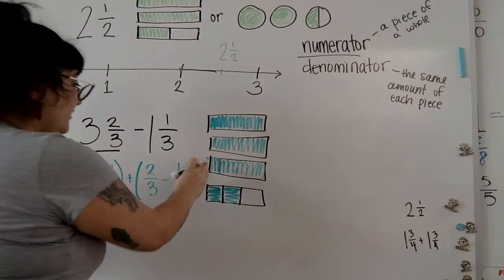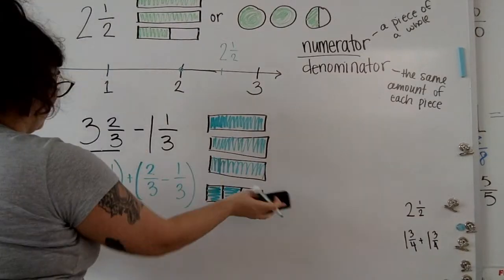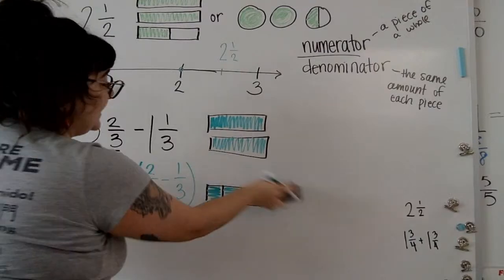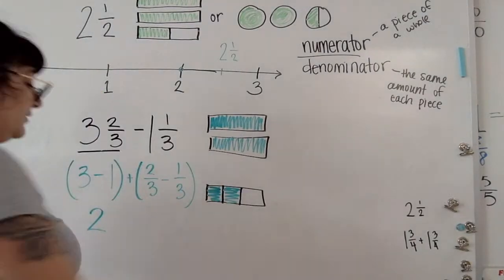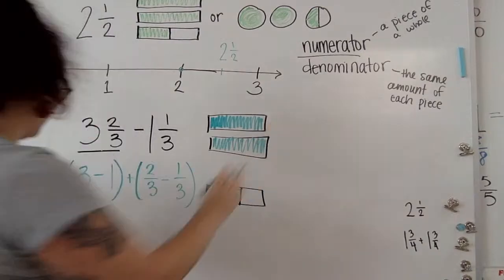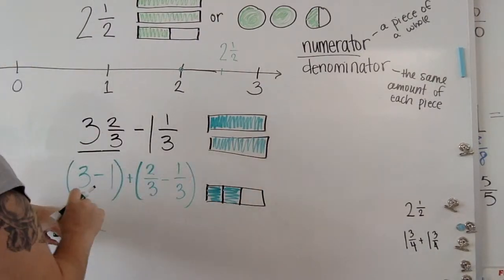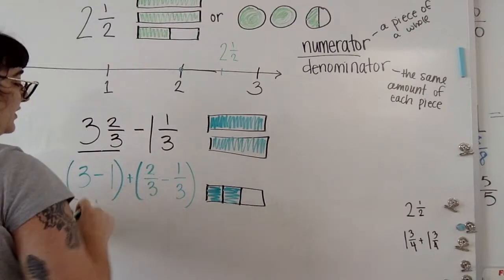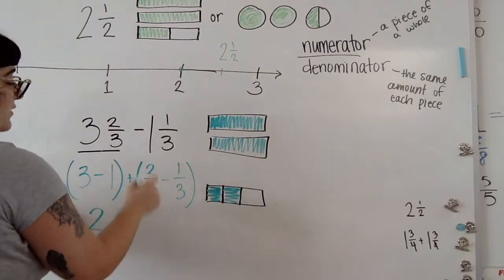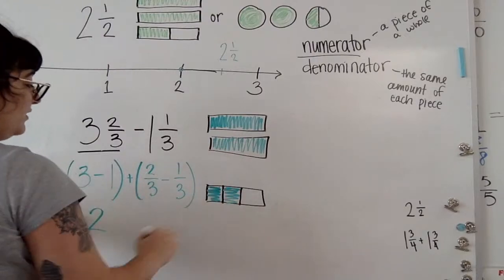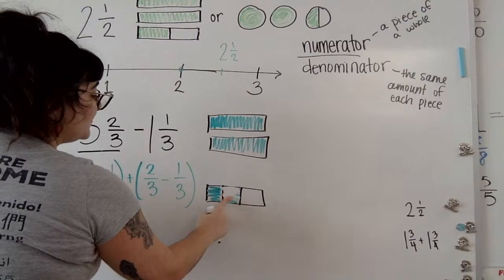Now, I can represent that by also just taking away 1 whole, right? I did it. I just took away 1 whole. Does this match this? Absolutely. We have 2 wholes. Now, if I take away 1/3, well, I know 2 minus 1 equals 1, right? If I take away 1/3, how many thirds are left?